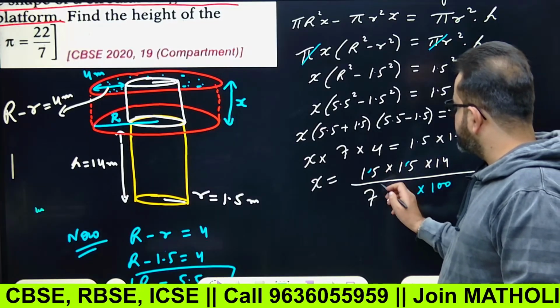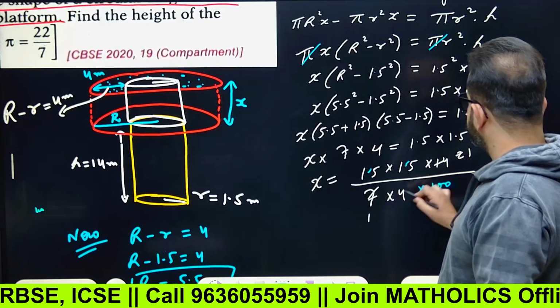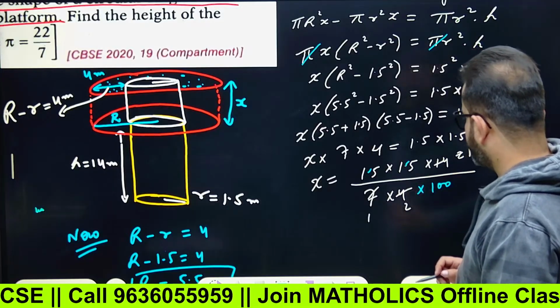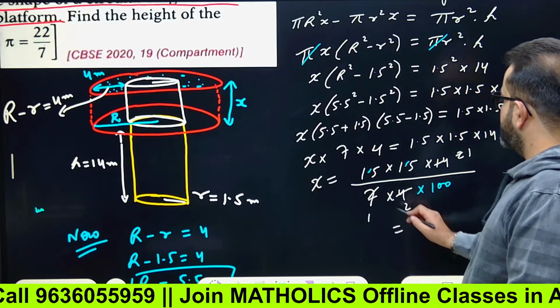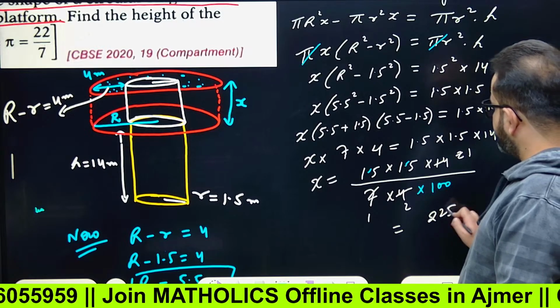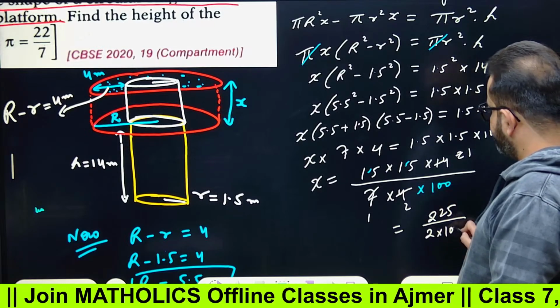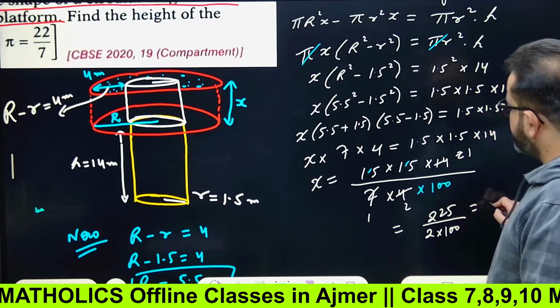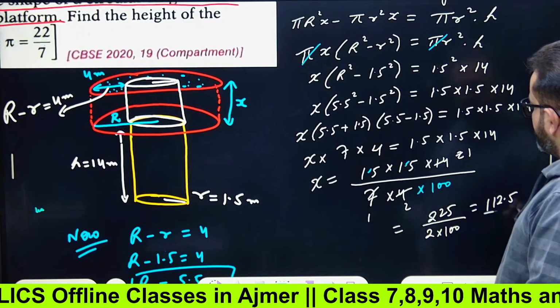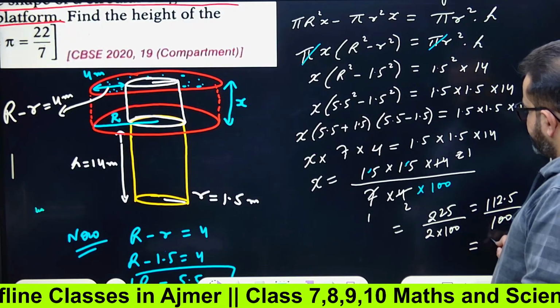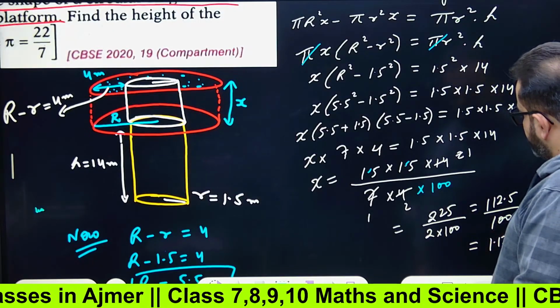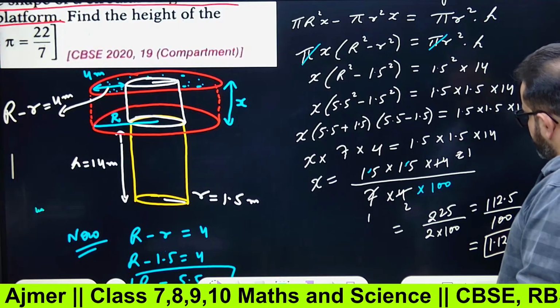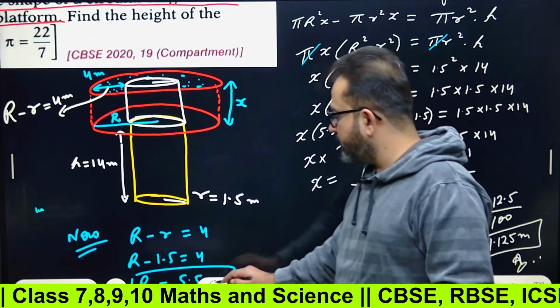So 7 ones are 7, 7 twos are 14, 2 ones are 2, 2 twos are 4, right? So it is nothing but 15 15s are 225 upon 2 into 100. If you divide 225 by 2, it will be 112.5 upon 100. So the final height will be 1.125 meters. This is my final answer, 1.125 meters.